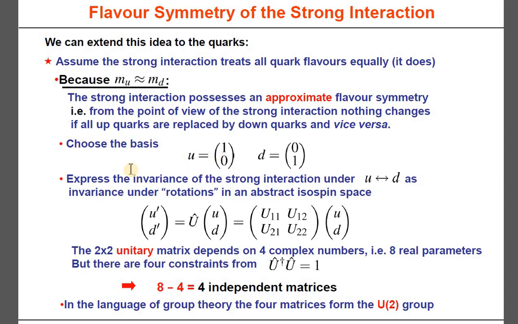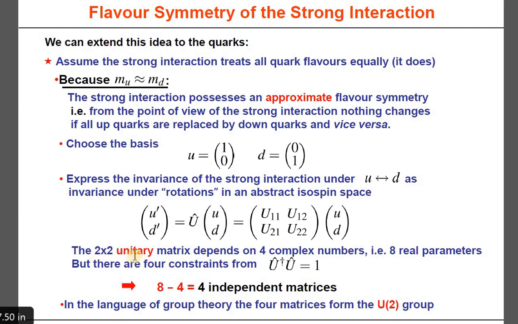Let us now choose these two column matrices (1 0) and (0 1) for the U and D. Similarly, we can express the invariance of the strong interaction under this UD symmetry as the invariance under rotations in the abstract isospin space through this U prime, D prime, U, D.